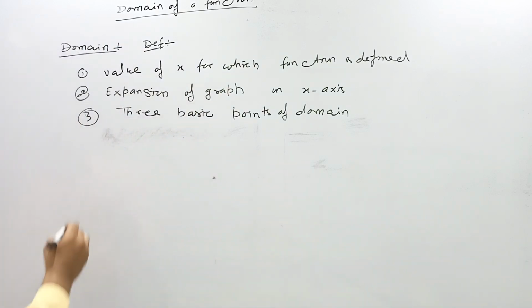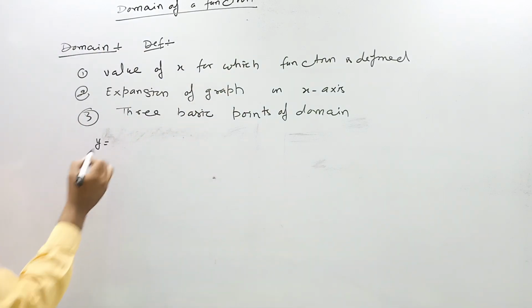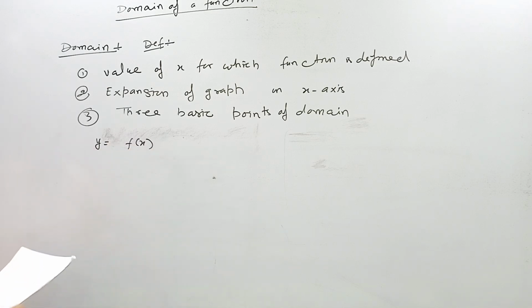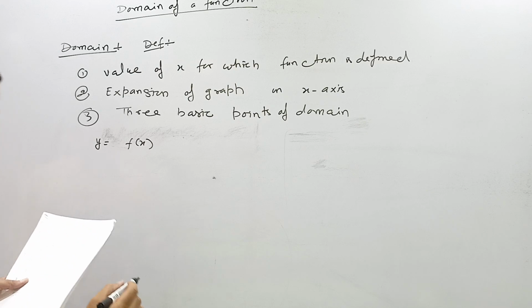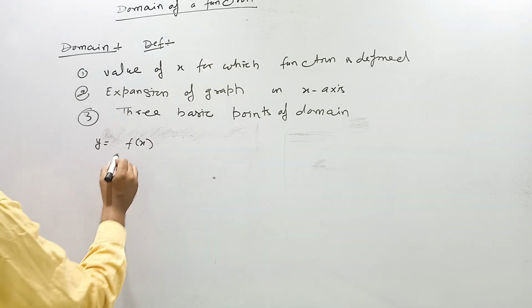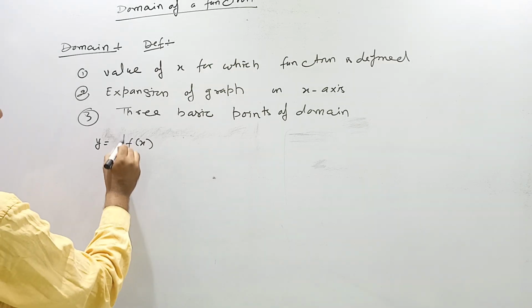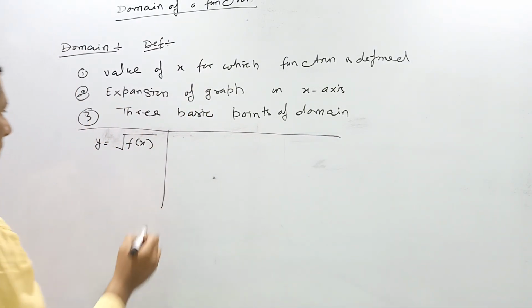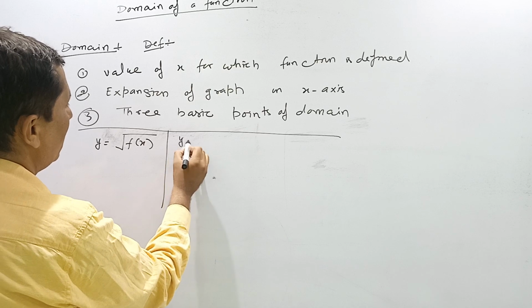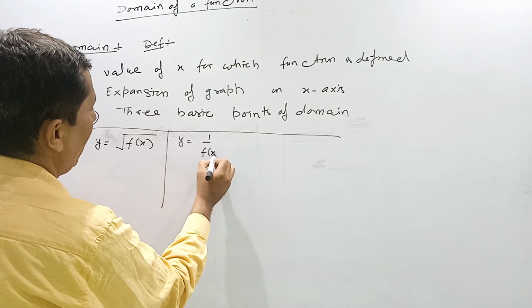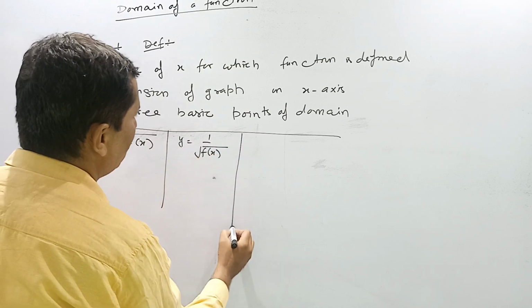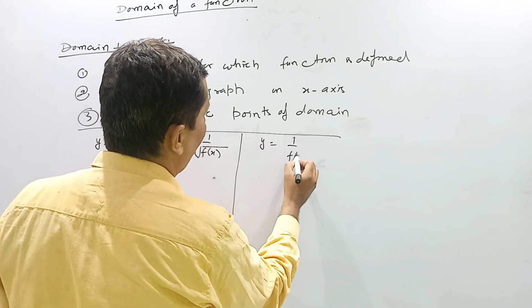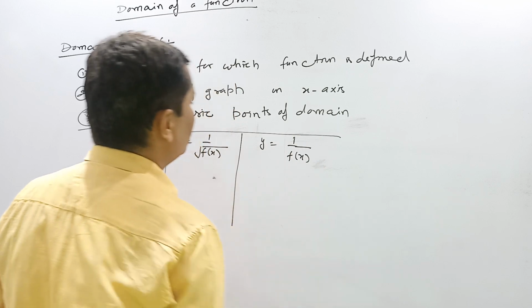First, if y is equal to under root f(x), second y is equal to 1 upon f(x), and third y is equal to 1 upon root f(x).